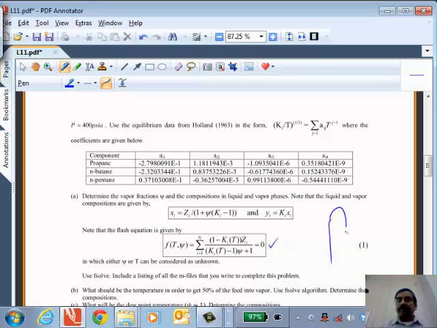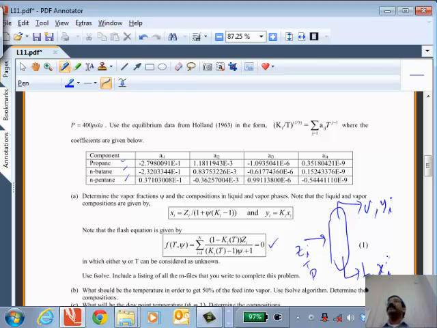The basic problem is you have a separation device, simply a tank, into which you feed a certain mixture, in this case propane, butane, and n-pentane, a three-component system. Okay, and at a given temperature and pressure. And if you control the temperature and pressure in such a way that it splits into two parts, a vapor with a composition Yi and a liquid with a composition Xi.